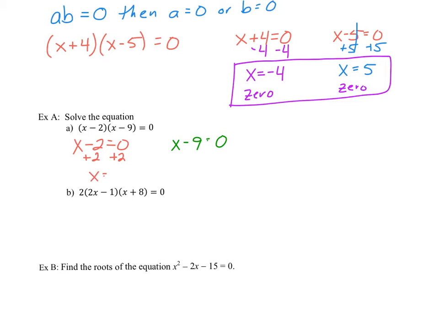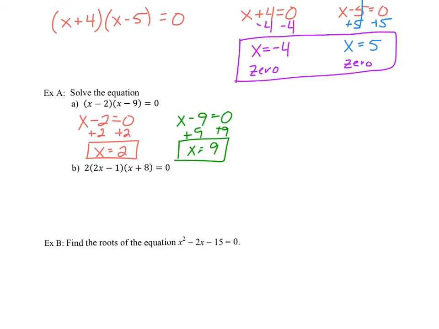And some of you have probably caught on, you're like, oh, they're just the opposite. Yeah, they are. The reason that we're taking the time to set them equal to 0, though, is some of them are a little bit more complicated. And I just want to remind you of really what I am doing, this solving process. And that's actually going to come up on the next problem. So we've got x equals 2 and x equals 9 for that one.